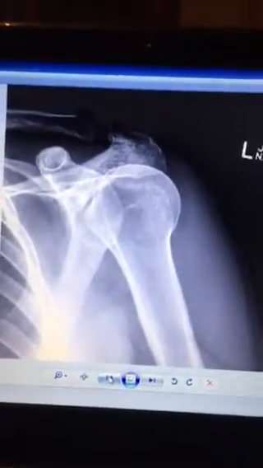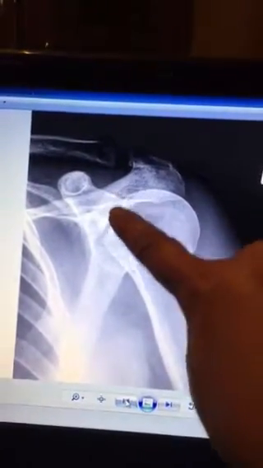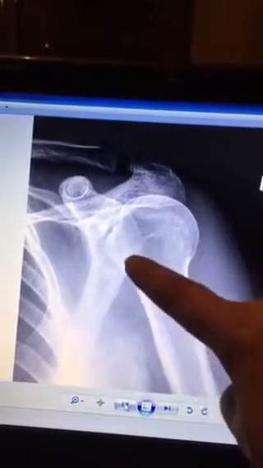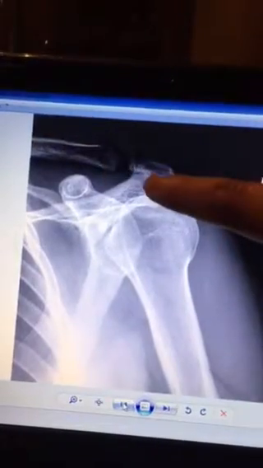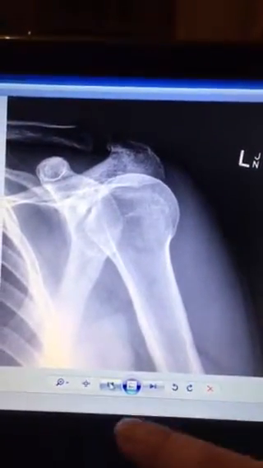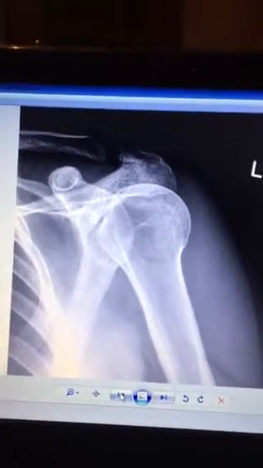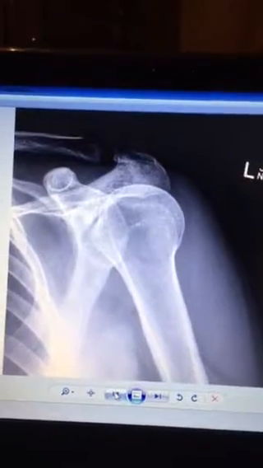For the internal rotation, the lesser tubercle is in profile. It comes right in here. It's a little bit more superimposed over the glenoid fossa, coracoid process, and clavicle. There should be some collimation around, a little bit of soft tissue, but the main thing is the shoulder joint and coracoid process around here.